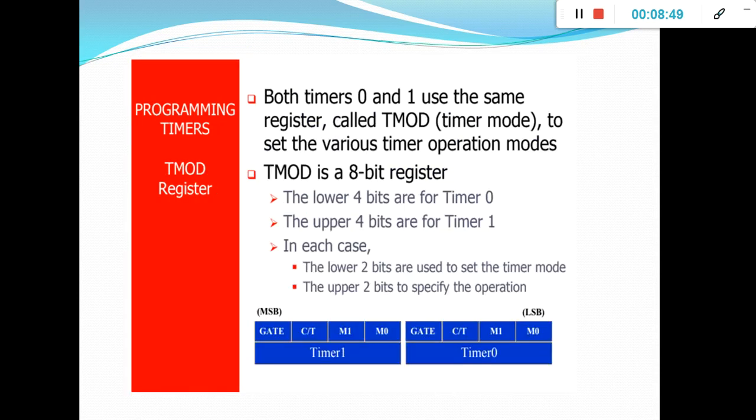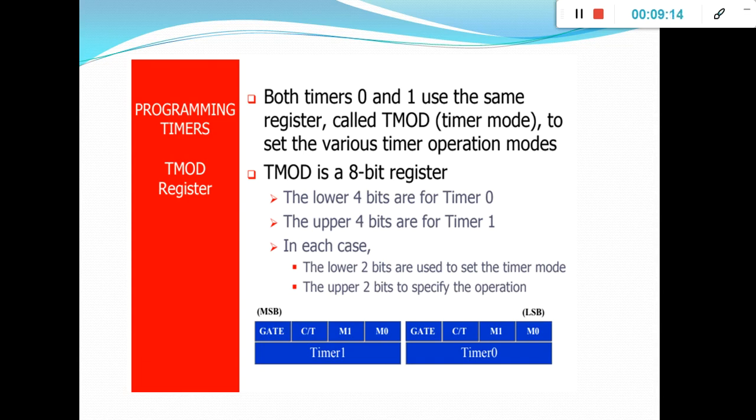Next, the controller will not understand by default which timer it has to take. So you have to declare which timer you are going to use in the program. For that there is one more register, the TMOD register, which is the timer mode register.